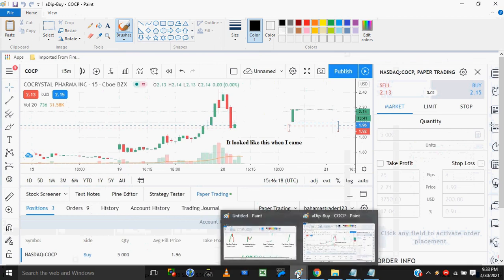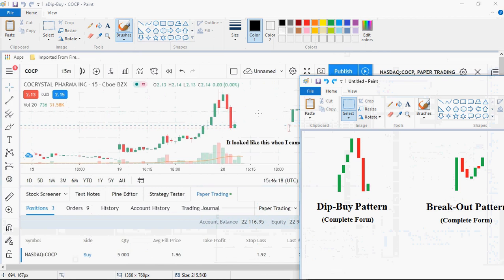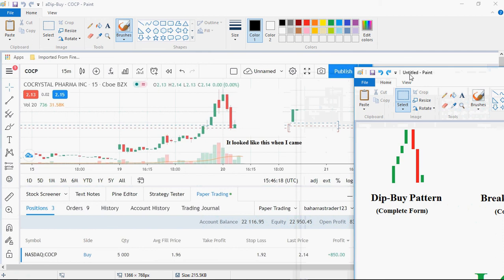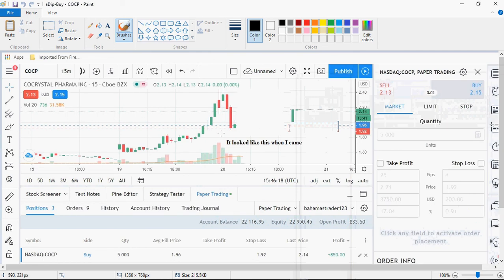Hold it. Let's get this. See that? We're basically looking at the red bar and then that little green one popping up on the side there. That's what we're looking at. And it rolls up.